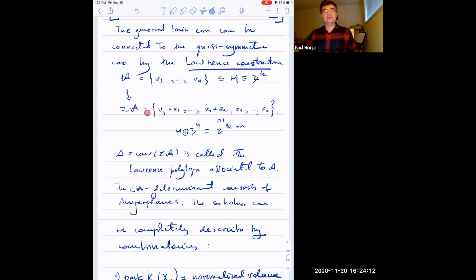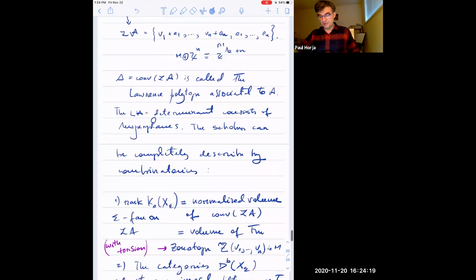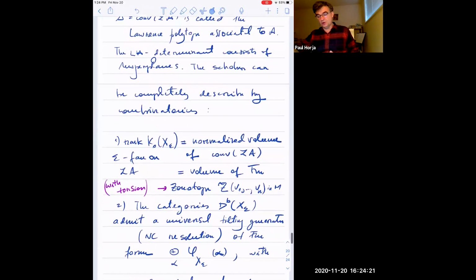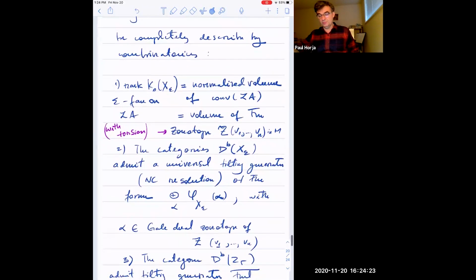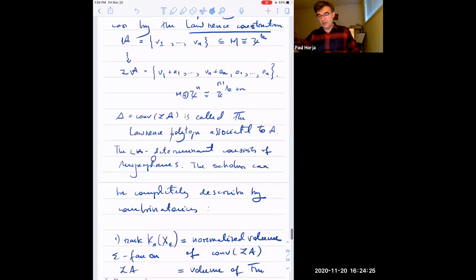And of course, there is some kind of combinatorial dictionary in terms of matrix bases that makes that very explicit. So I call this the Lorentz polytope associated to A. So in a way, LA is the quasi-symmetric case. So that's what these people have done.